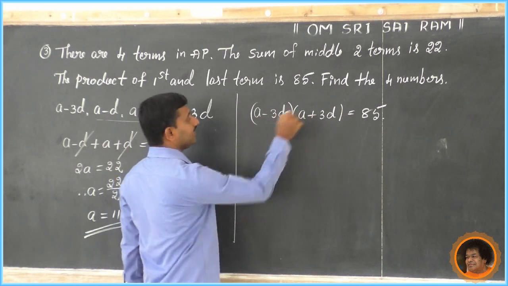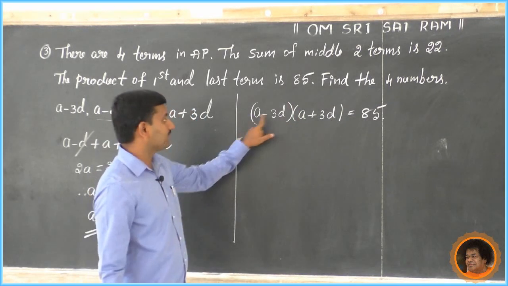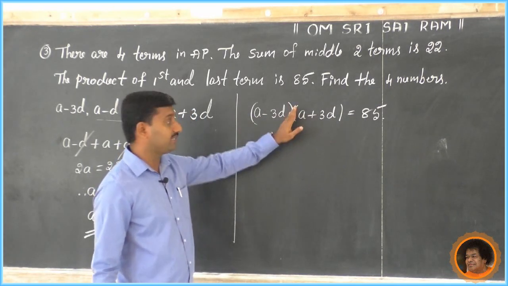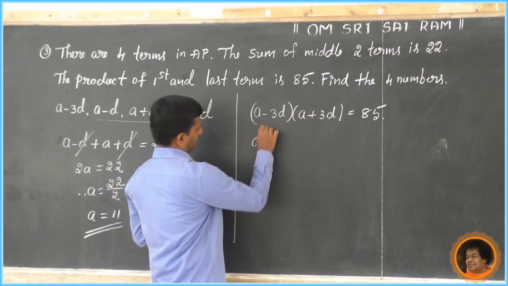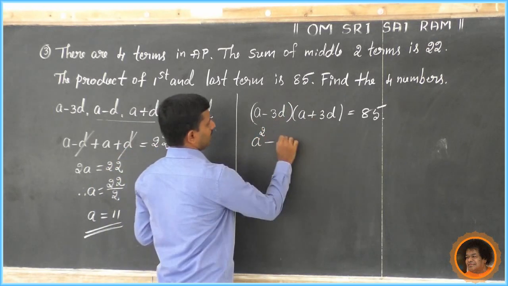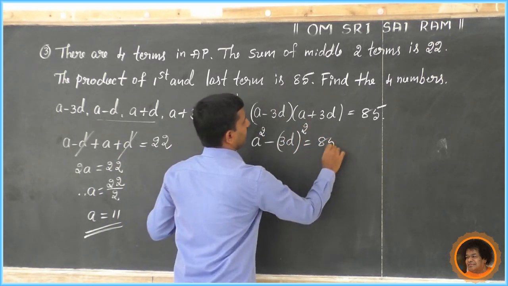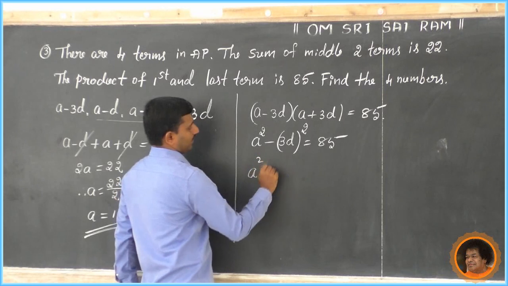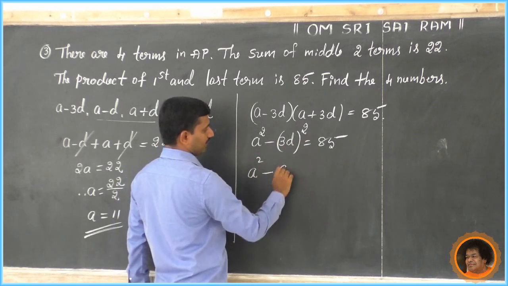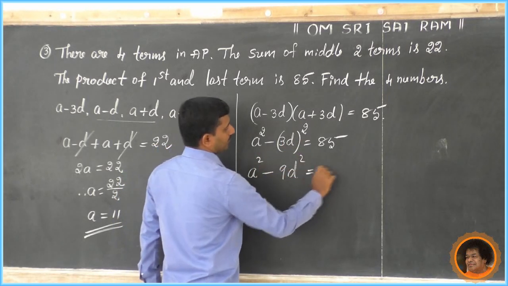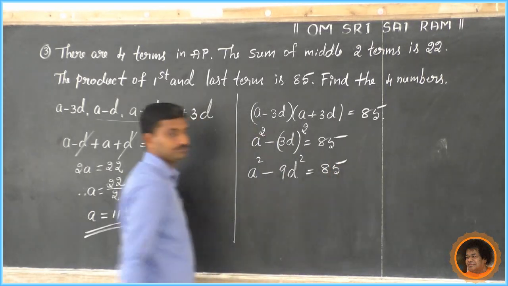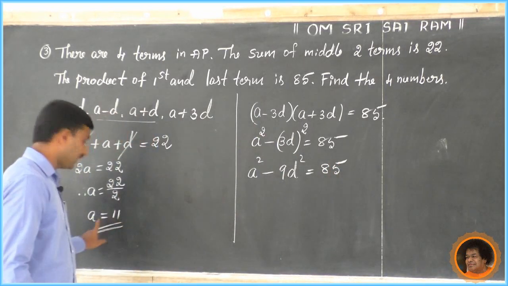Now a minus 3d into a plus 3d is in the form of a plus b into a minus b, and by the identity it is a square minus b square. Here b square means 3d whole square, so a square minus 9d square equals 85. You know the value of a is 11.